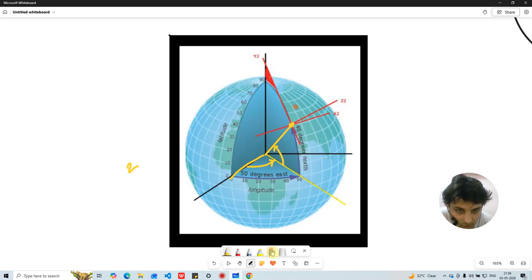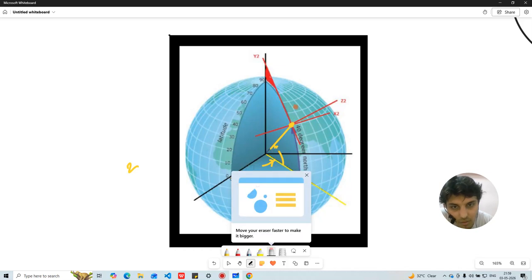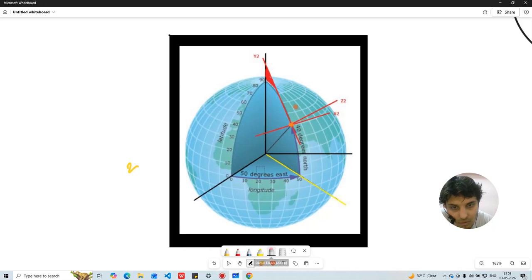What I can say is go some distance. For example, I want to know the position of, suppose, this point. So first I will calculate the length of the vector. Let's say the length of this vector is alpha.